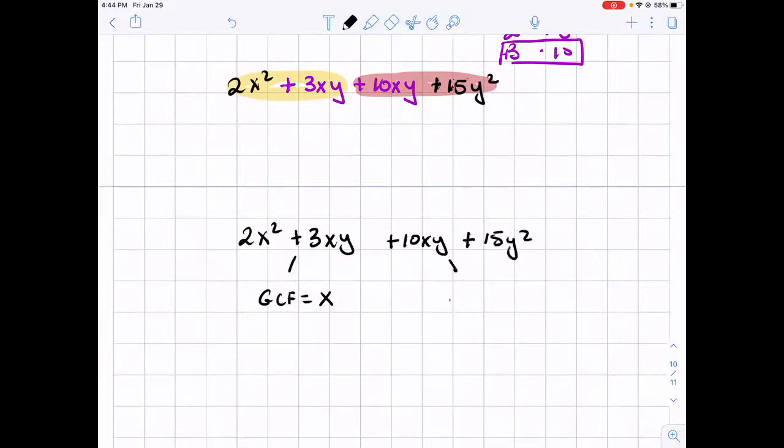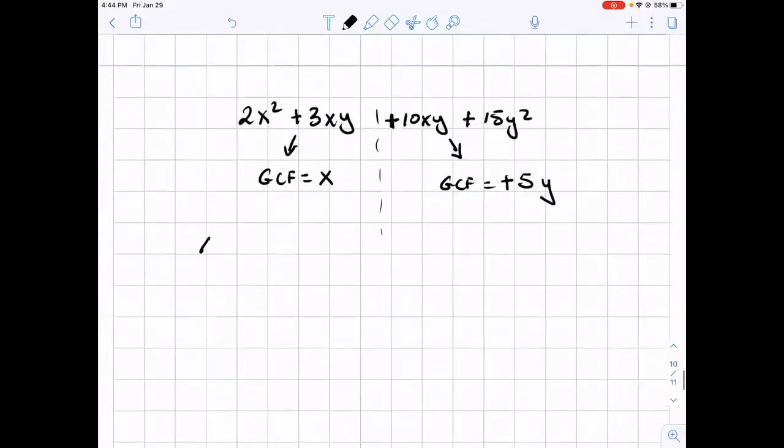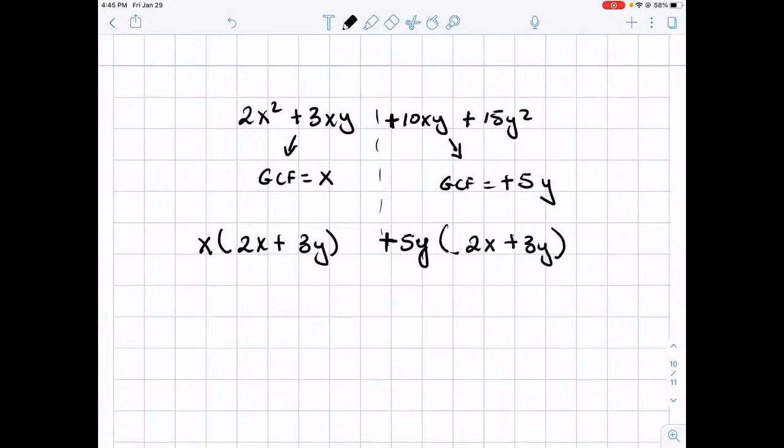Our GCF here, because this is a plus, is 5y. So here are my two GCFs, we broke the problem into two. If we take out an x, we have 2x plus 3y, plus 5y, the next GCF, and then we'll have 2x plus 3y.